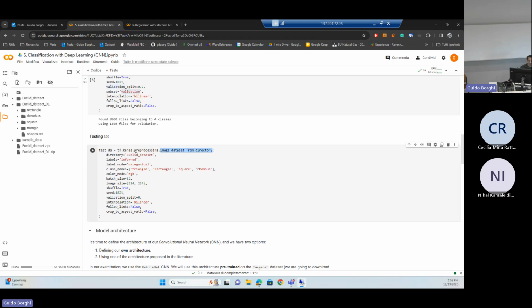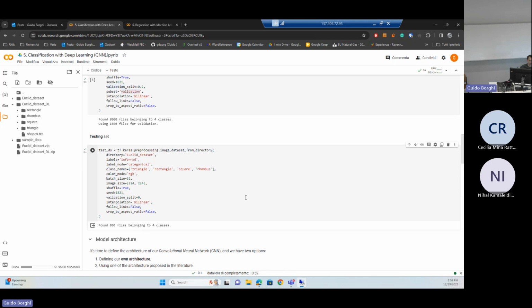In this case, you can see that the validation split is 0. So we want to use all the images for our testing set. In the standard version of the Euclid dataset, we have 800 images, and all 800 files belonging to 4 different classes are put in the testing set.